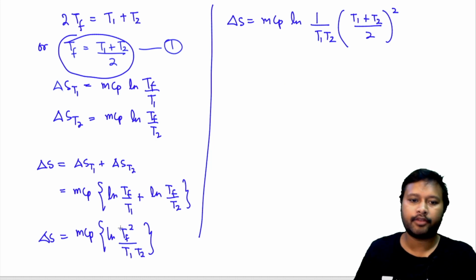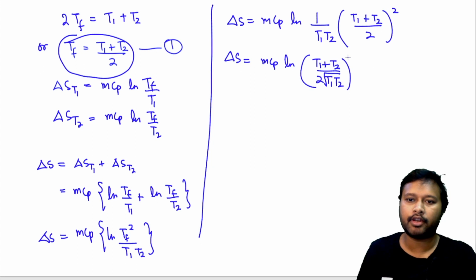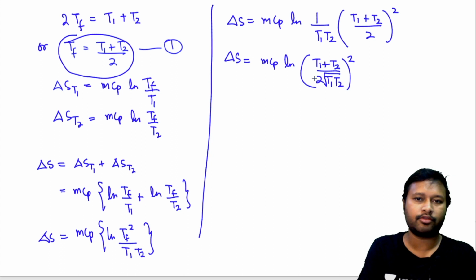That's what it will be, because Tf is squared, so I have just substituted its value as a square. Or I can write delta S equals MCp ln, (T1 plus T2) upon 2 root T1 T2, whole square. I can take this as under root and then square it. Why have I taken under root? Because on squaring, this under root is going to vanish.